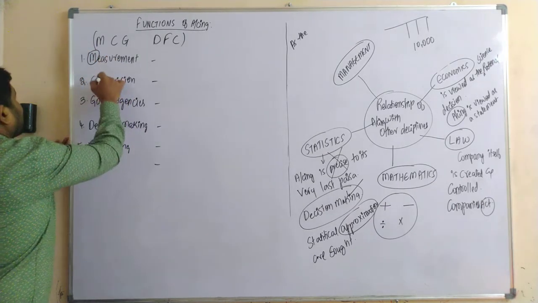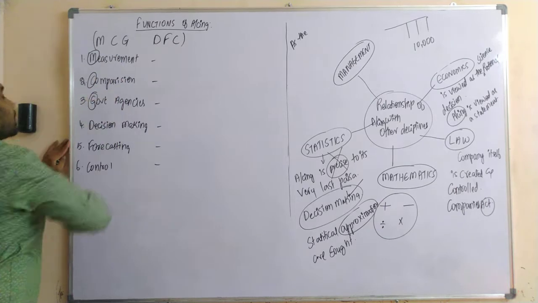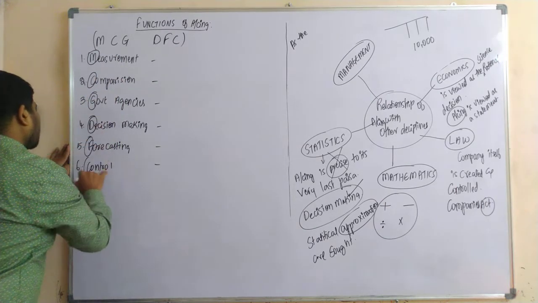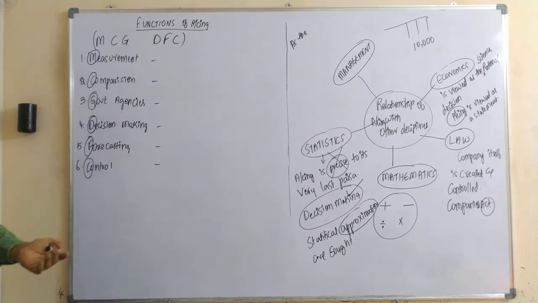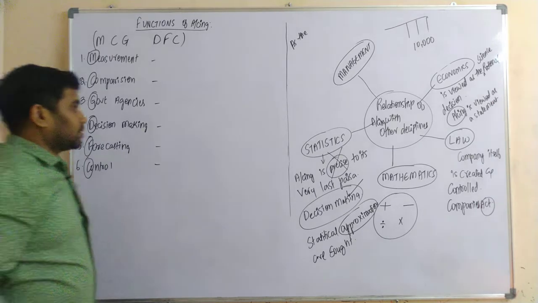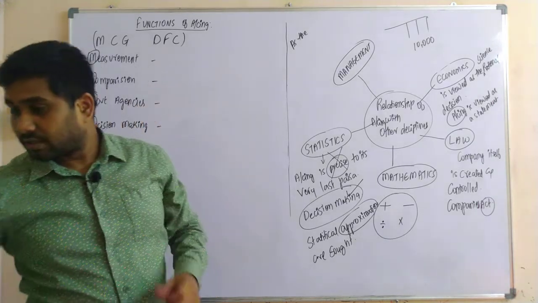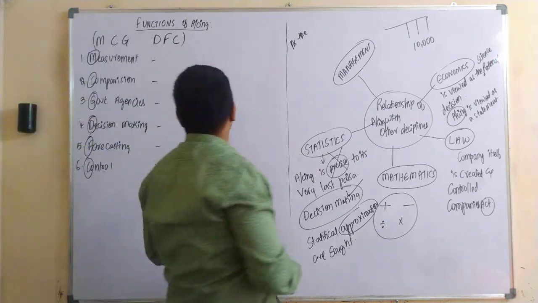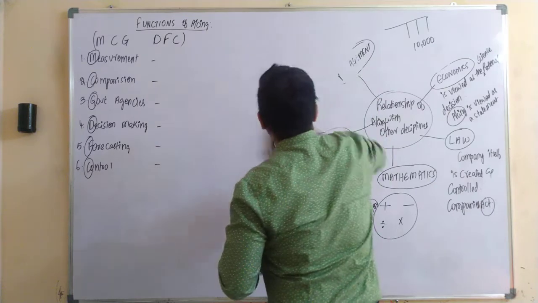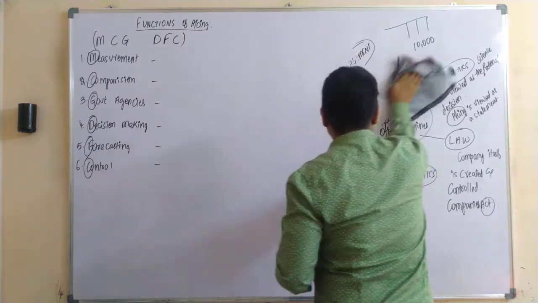MCG, M is nothing but your measurement. CG, MCG ground, DFC chicken, Deccan fried chicken. It would be better. MCG, Deccan fried chicken. So for understanding your functions, that would be easy. So what are our functions of accounting, sir? Your functions of accounting is nothing but your MCG, DFC. M is nothing but your measurement.